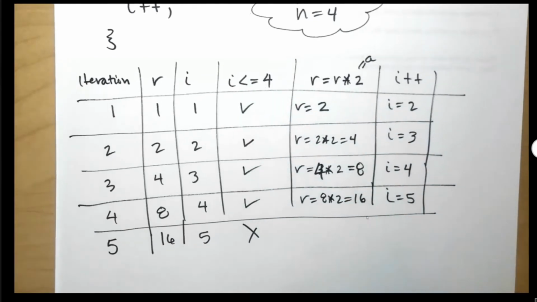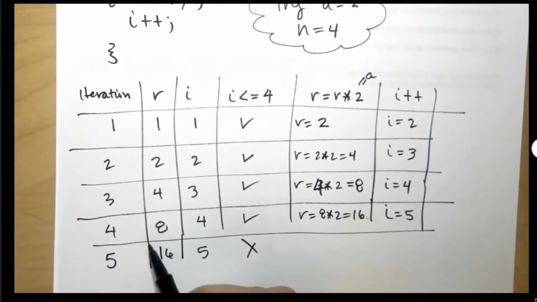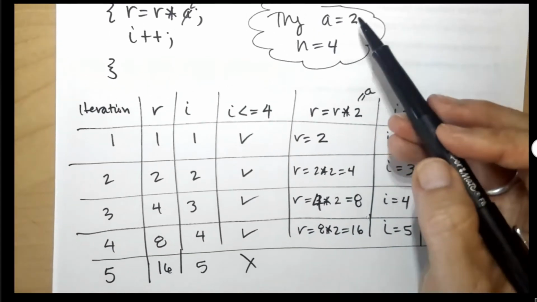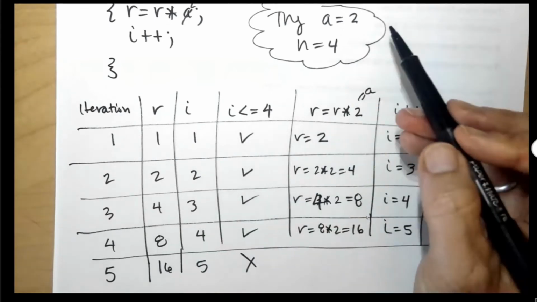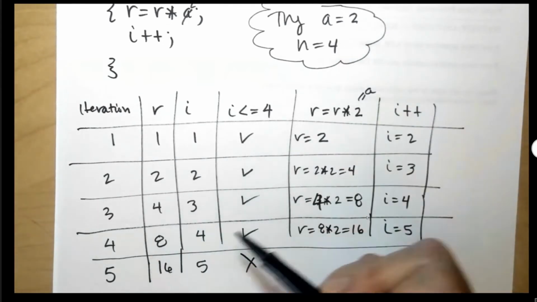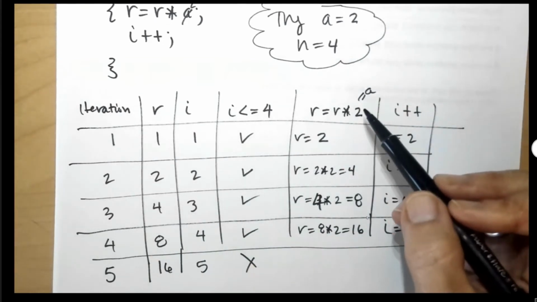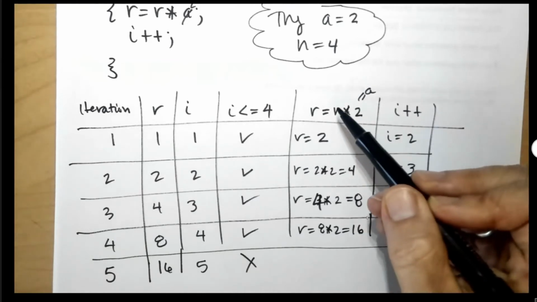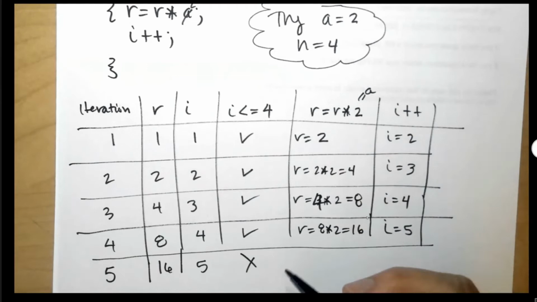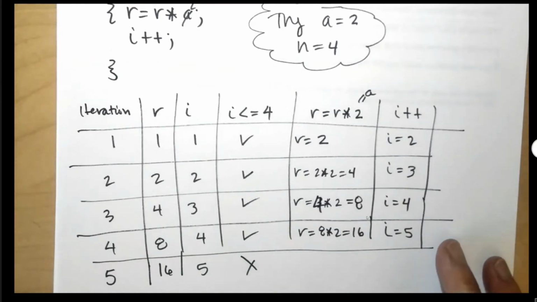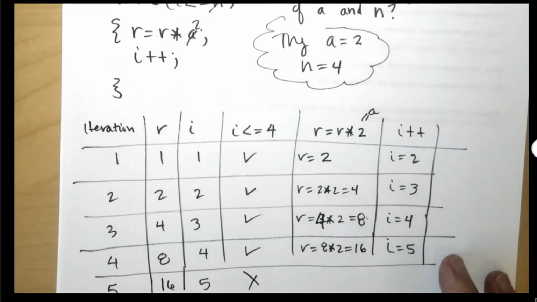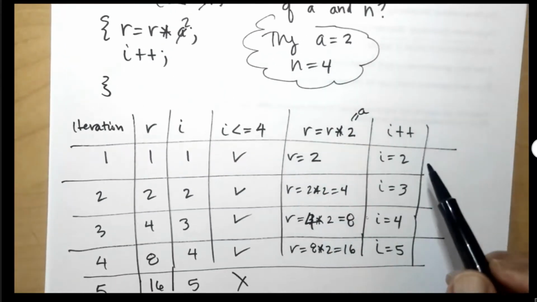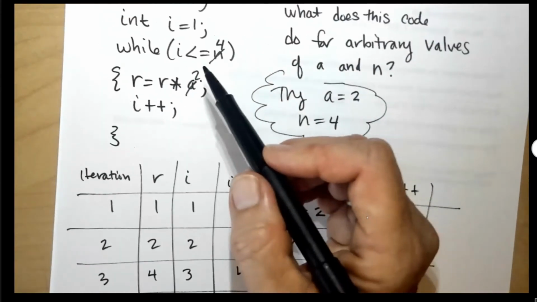All right, so now we're at 16, 5, and this is not true anymore. So there we've stopped. So now we've ended up with R is 16, and I ask students, what's the relationship between the 2 and the 4 and the 16? And students are like, oh, well, we're just multiplying by 2 every time, right? R is getting multiplied by 2. So we can see a pattern there and figure out, for arbitrary values, we did that 4 times.